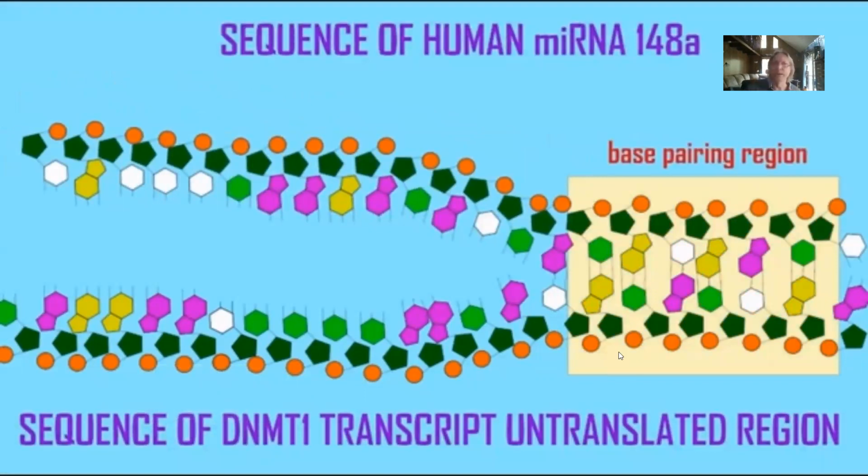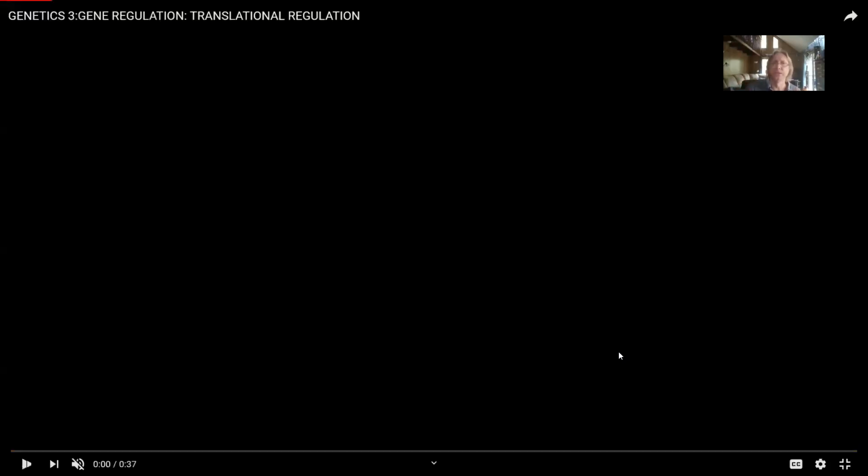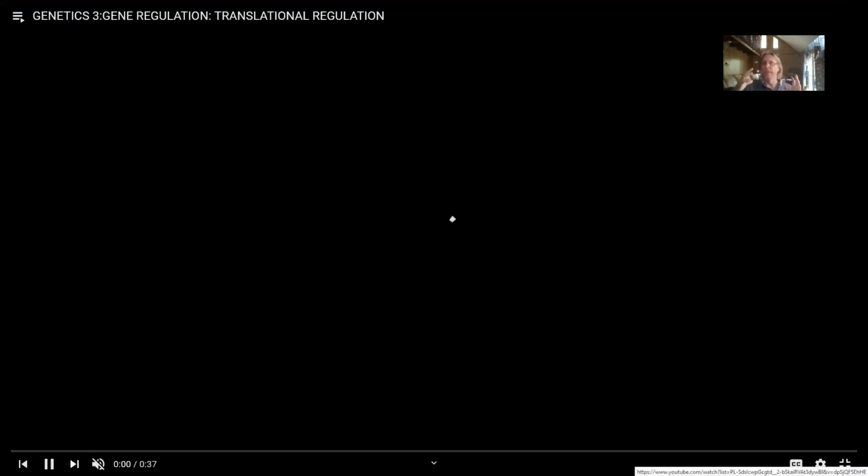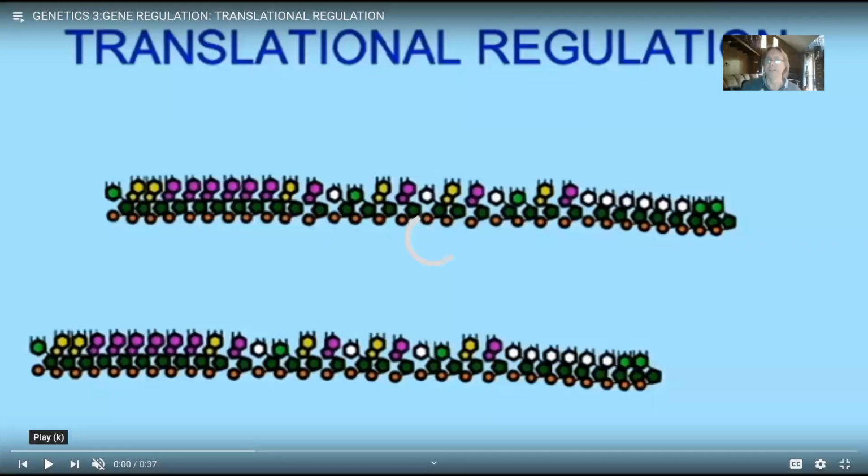So once again, the transcript was made, but we are still regulating it. So there are different levels of regulating genes, and what I've just mentioned are some of the ways that can occur after transcription, but before translation, we can still regulate how active a gene will be.